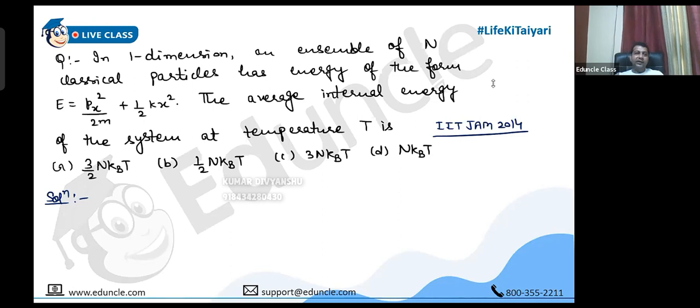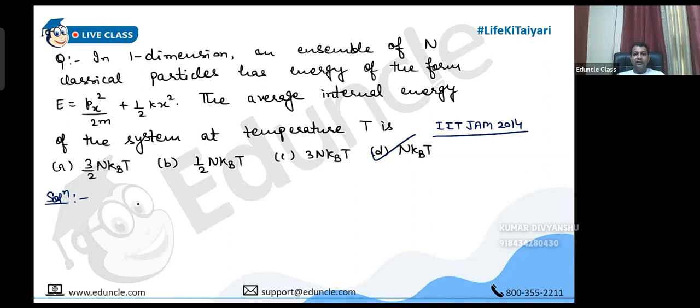Try to recall yesterday's lecture. In yesterday's lecture, when I defined the degrees of freedom, I gave you the idea about this. I said that each quadratic term in the energy corresponds to 1 degree of freedom. So how many degrees of freedom are there? 1, 2. So 2 degrees of freedom are there, and the energy associated with each degree of freedom is half kT.